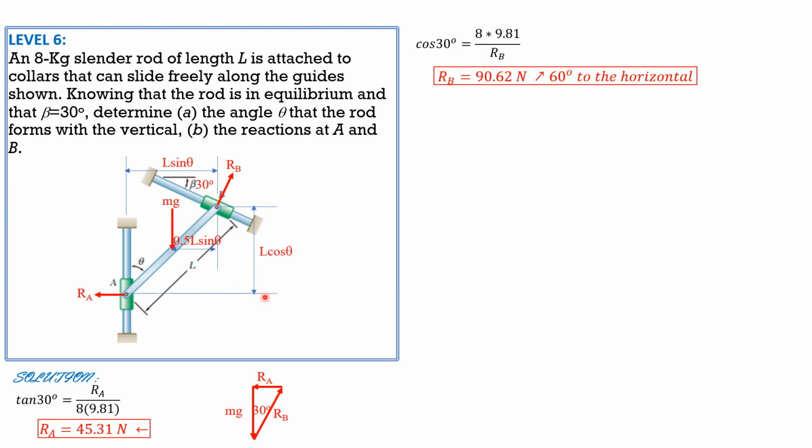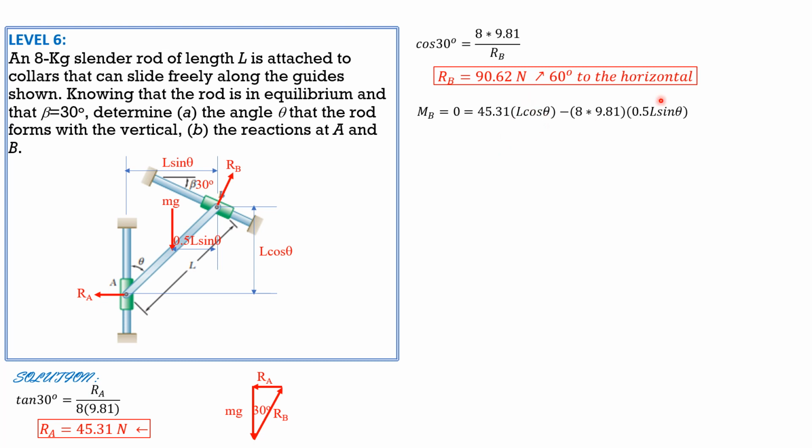So we set the sum of moments about B to 0, considering clockwise positive, so RA, 45.31 times L cosine theta, moment arm, and minus mg, 8 times 9.81, moment arm 0.5 L sine theta.